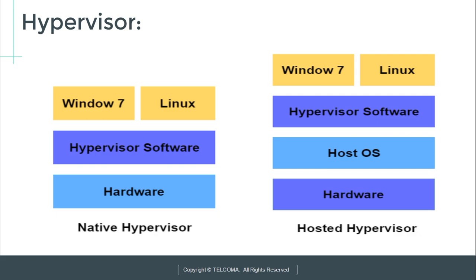Whereas in a hosted hypervisor, we have a single hardware on which we install a host operating system, then we install hypervisor software over which multiple operating systems run. So there is one more layer, the host operating system, which is installed in hosted hypervisors.